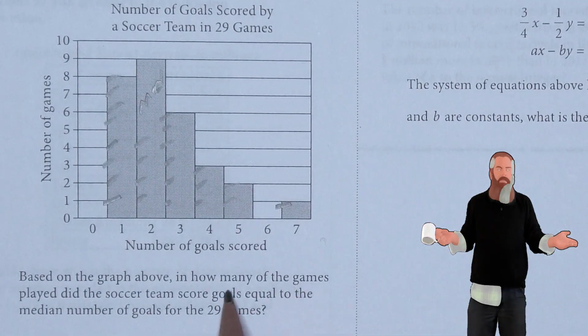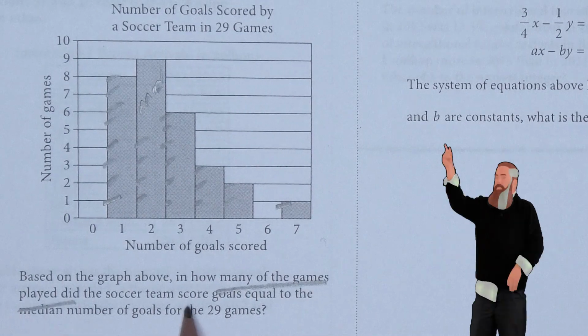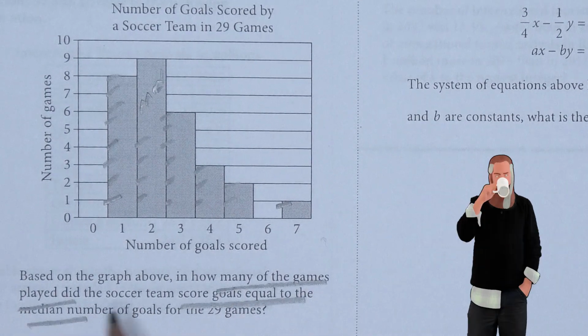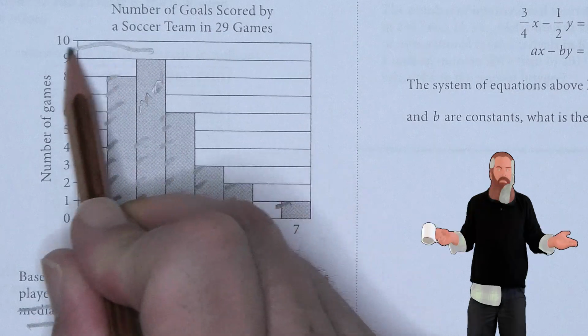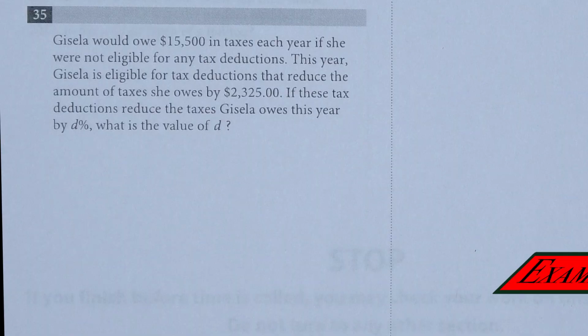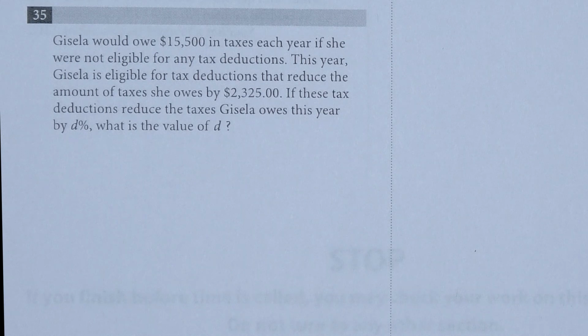So how many games did they score the same goals as the median? Well, 9.